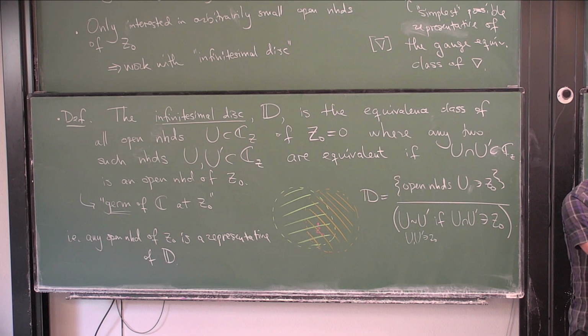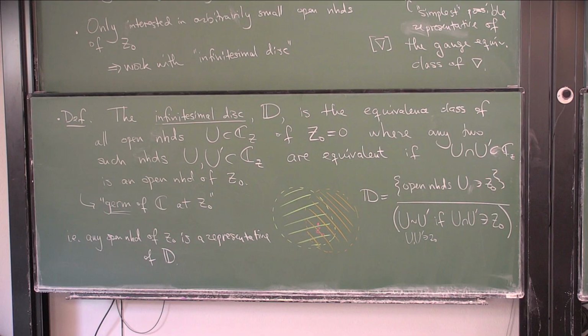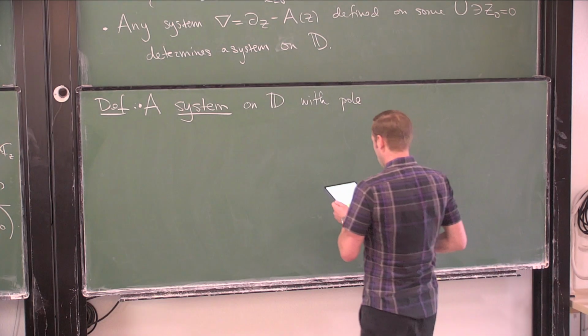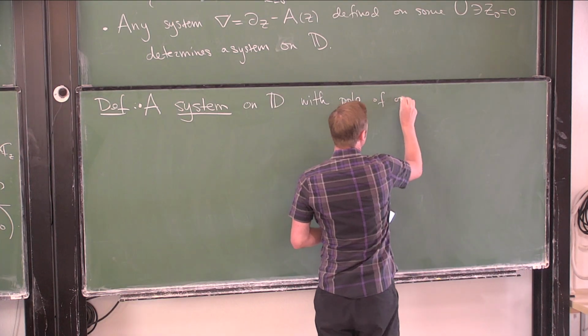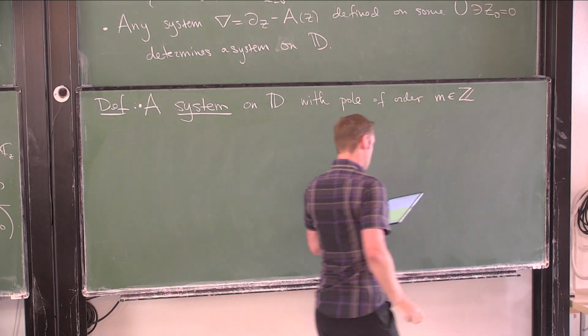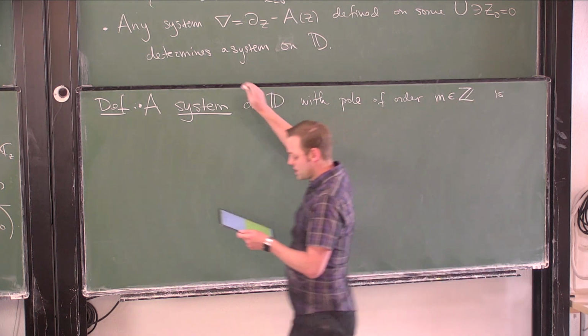So I'm completely isolating that pole, and that's why I'm making the definition this way. So a system on D with a pole of order m, an integer, is by definition going to be the following.